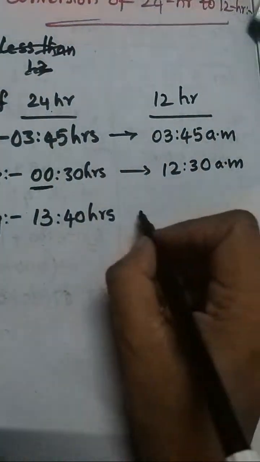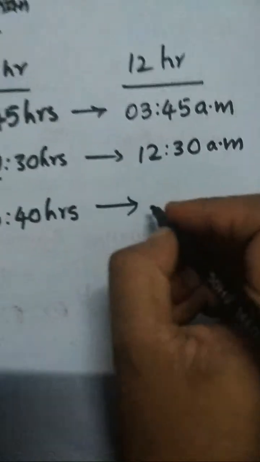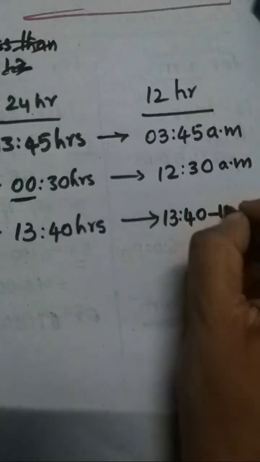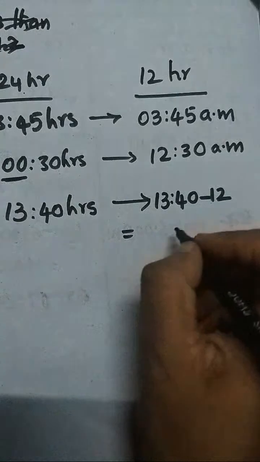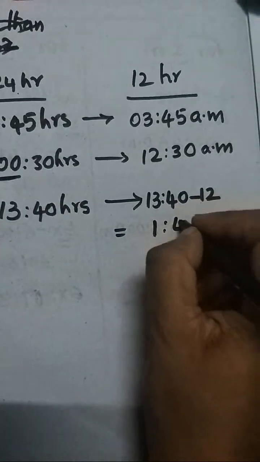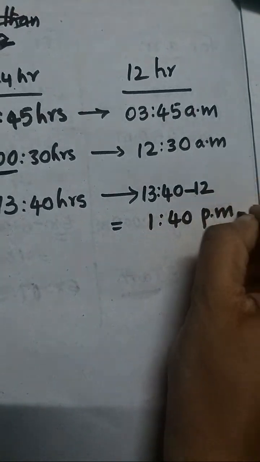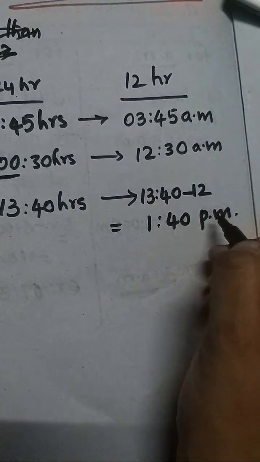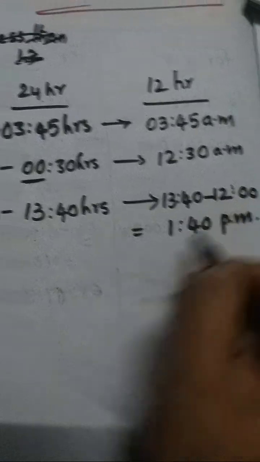Convert it into the 12-hour clock. We subtract 12 from 13:40. This will give 1:40 p.m. 13 minus 12 is 1, and 40 remains.